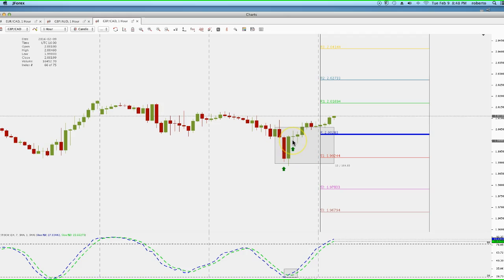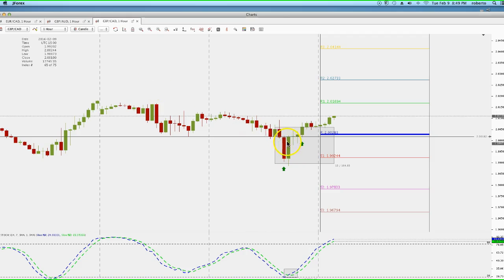Then you can take the trade earlier than the 1-hour candle. The 1-hour chart will give us an alert, most likely when it breaks the swing high, because that's what the FX1 indicator does. It's looking for breakouts on candlestick patterns.